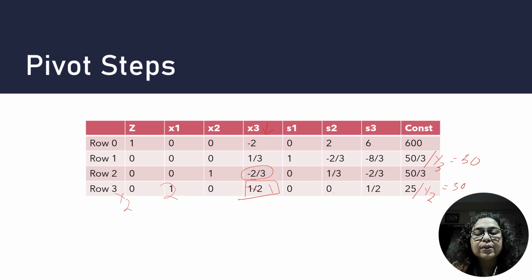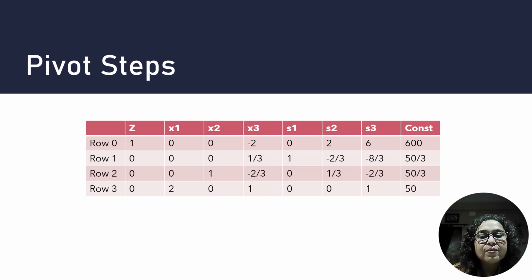This is 0 again, we'll get 1 over here, and we'll get 50 over here. Okay, so let's do the pivoting. So we have done the pivoting here, and we've got 1, we've got 50, we've got 2 over here. So we've done the first pivot step towards bringing x3 into the basis.